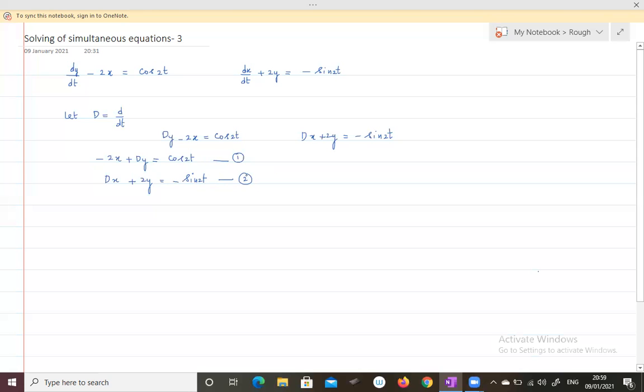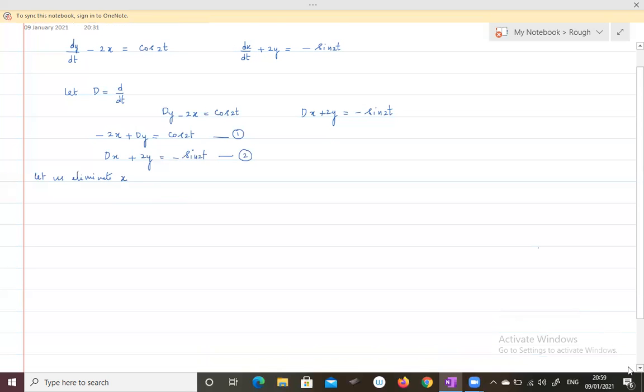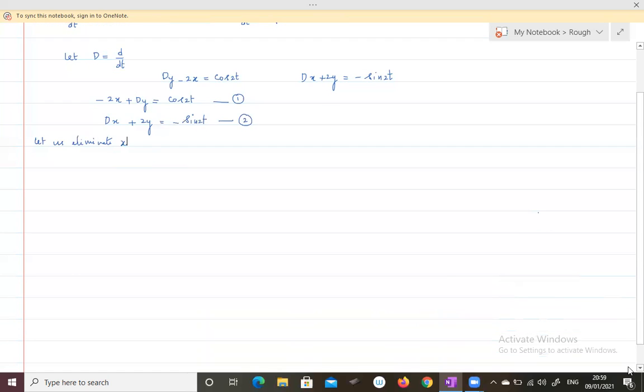Now we will eliminate any one of the variables x or y. Let us try to eliminate x. To eliminate x, we keep the coefficients of x same.